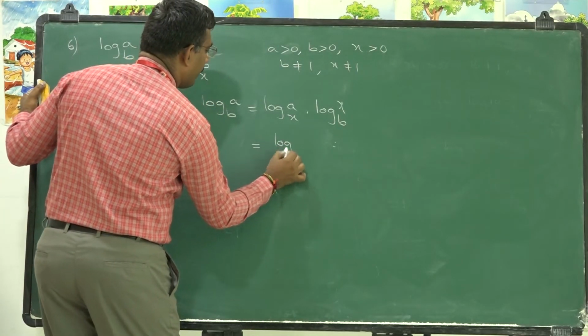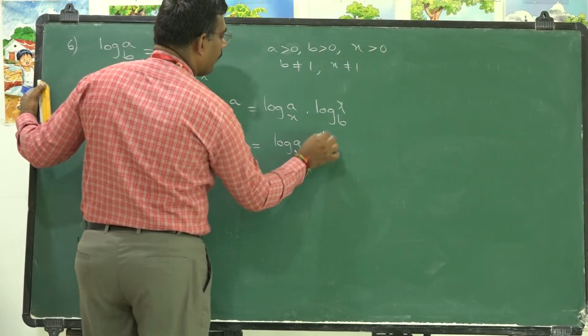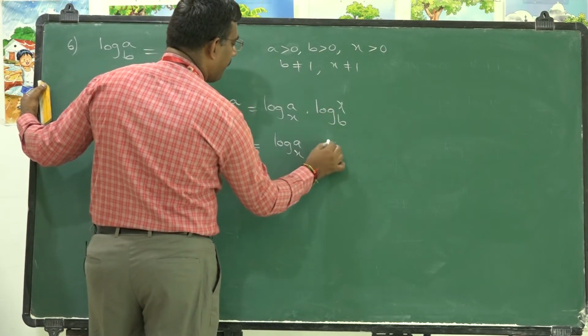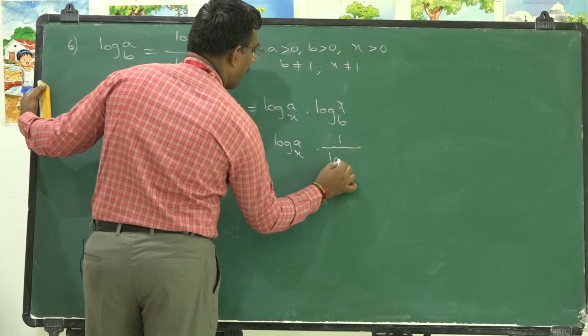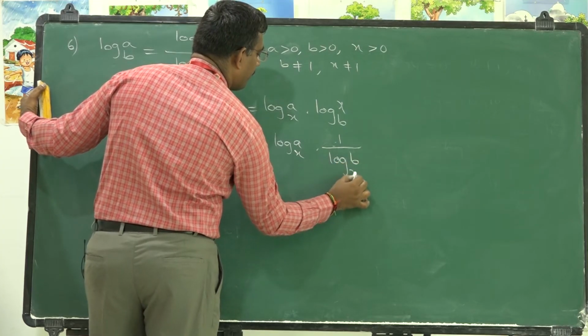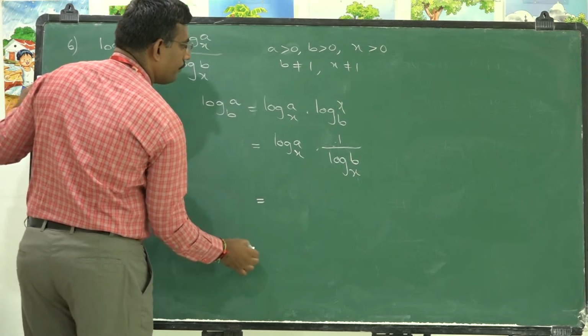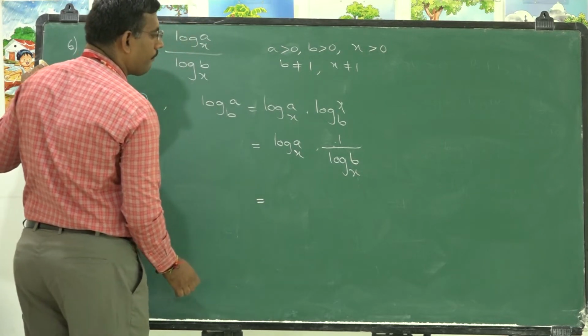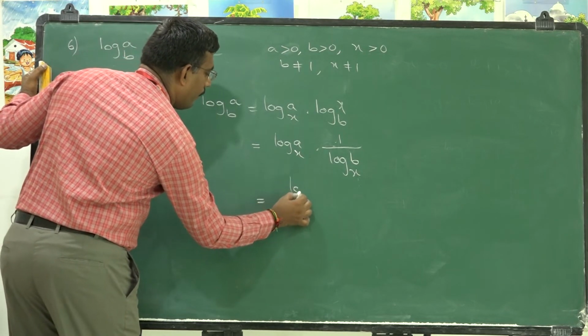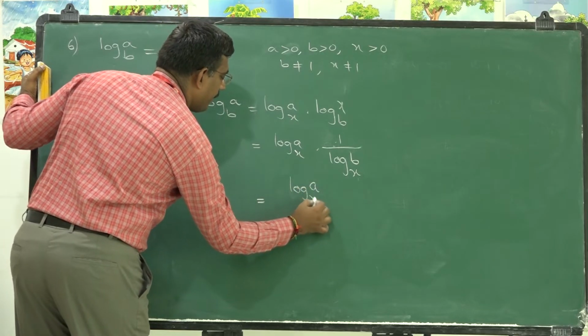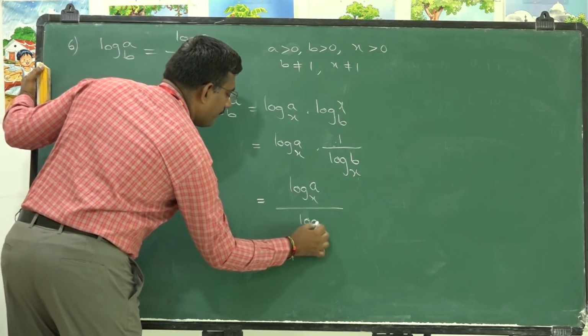So log a base x into, applying fifth property here, 1 by log b base x. That's equal to log a base x divided by log b base x.